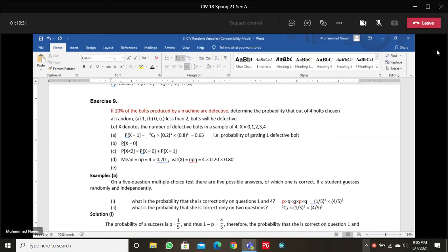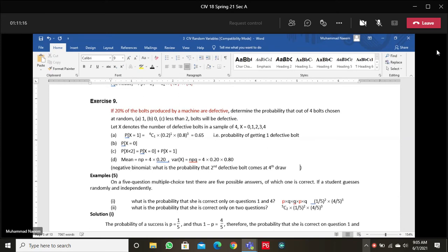If I state this problem as negative binomial: what is the probability that the second defective bolt comes at the 4th draw?